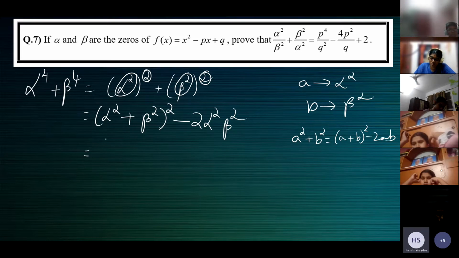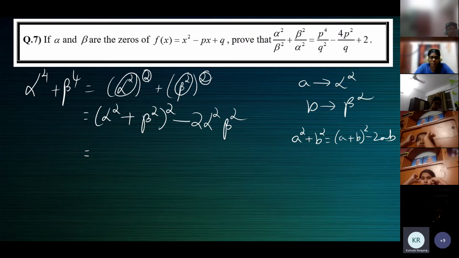Yes, children. So now tell me. We don't have alpha plus beta and alpha beta. So we need to do one more step. This is like a square plus b square, alpha square plus beta square. So what is a square plus b square?